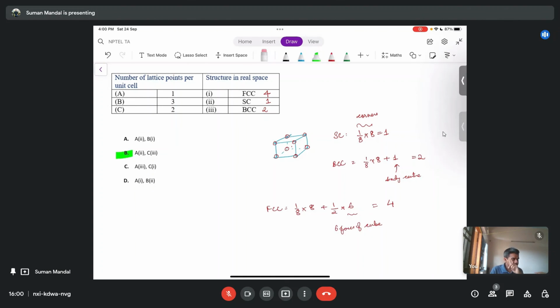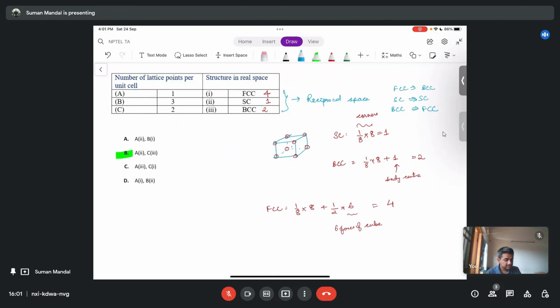One interesting thing is that if you convert these structures to reciprocal space, I'm not sure if it has been done in your classroom, then FCC becomes BCC structure, simple cubic remains simple cubic, and BCC changes to FCC structure.